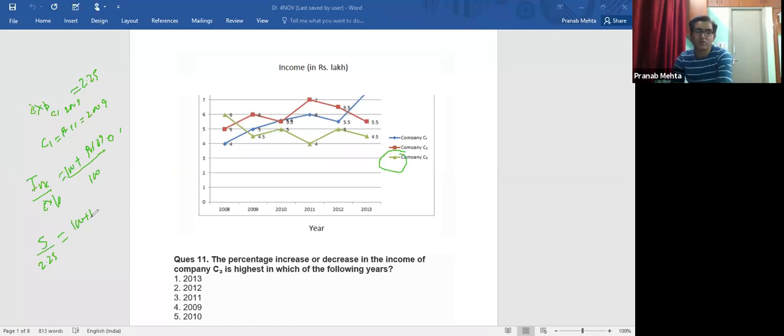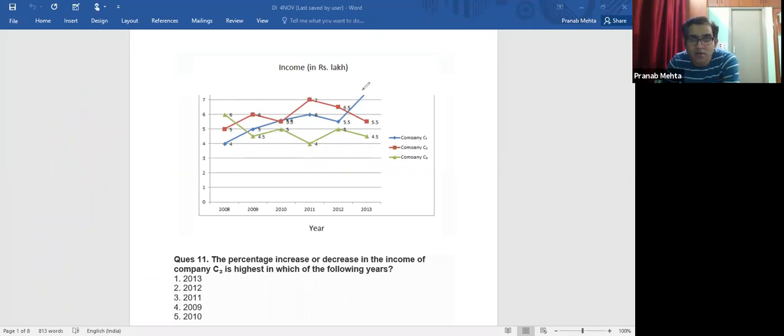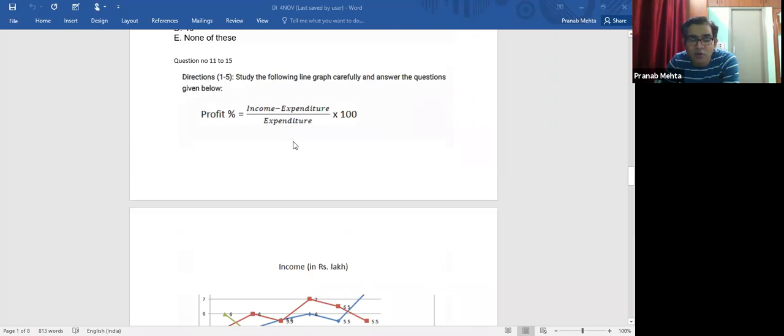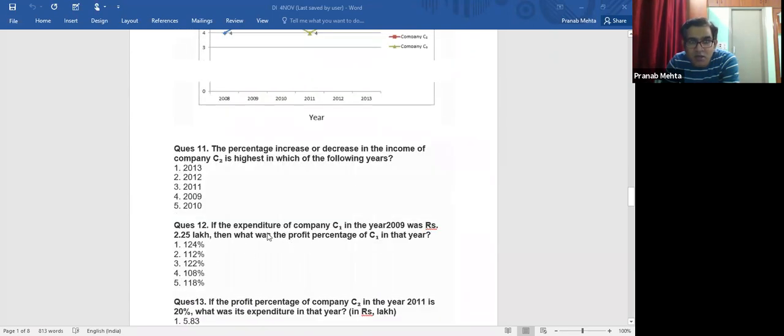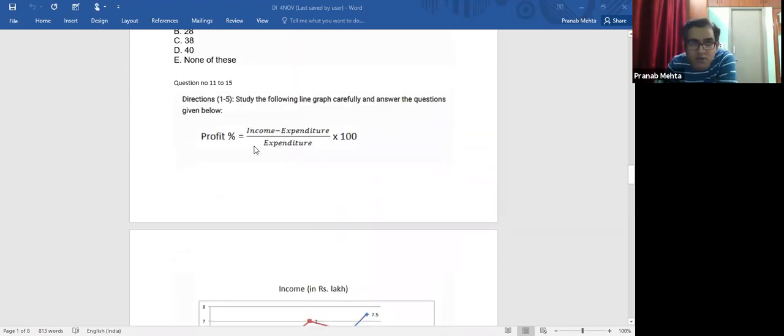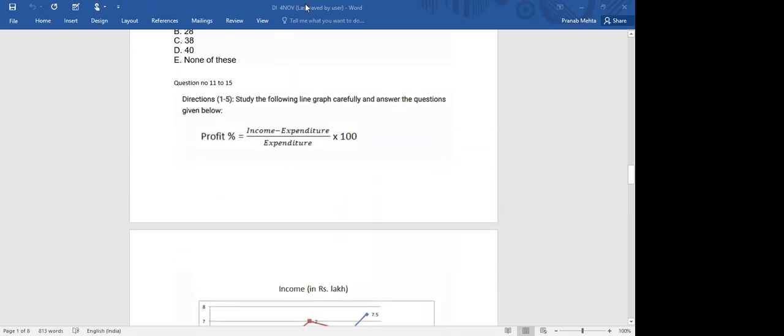I think for this question we don't require this formula, because all the data are here. We can directly go ahead and use the profit percent formula, since they are talking about profit percent directly.